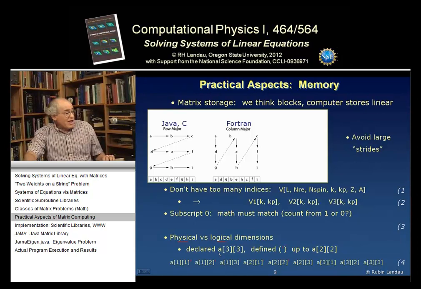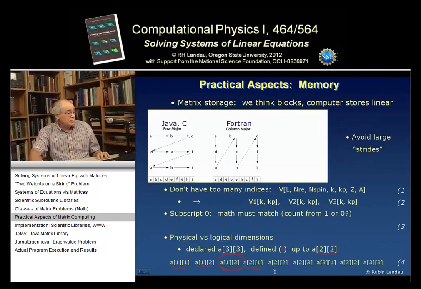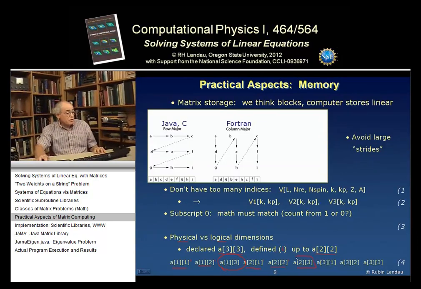Let's say we have an array A, which we've declared to be 3 by 3, but we've only defined, here with little red dashes, elements up to 2 by 2. So if we look at the array on line 4, we have A11 defined, A12 defined. A13 is now undefined. And then we have A21, because we're only going from 1 to 2, defined, but A23 is also undefined, and everything else. And so you see here a very unusual aspect when you're not familiar with this.